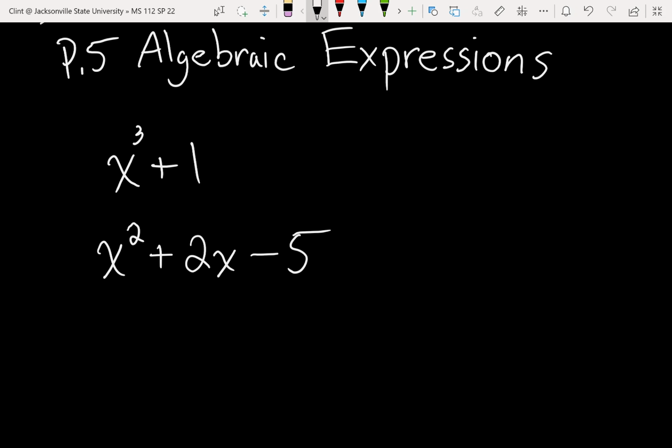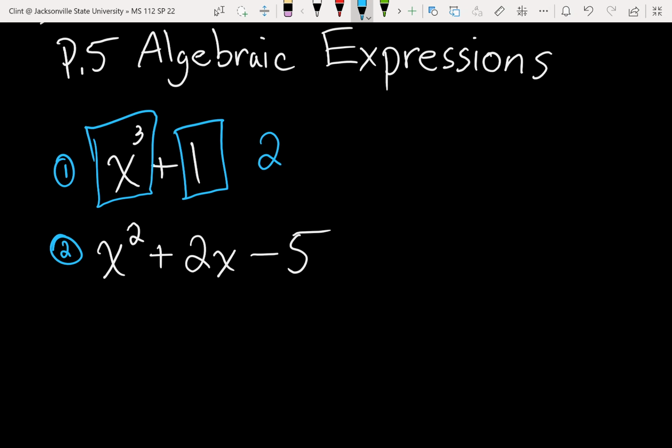A little bit of vocabulary that goes along with these, just to make sure we're on the same page. The first one I would say has 2 terms. It's an algebraic expression with 2 terms. I would say this is term number 1, the x cubed, and this is term number 2.